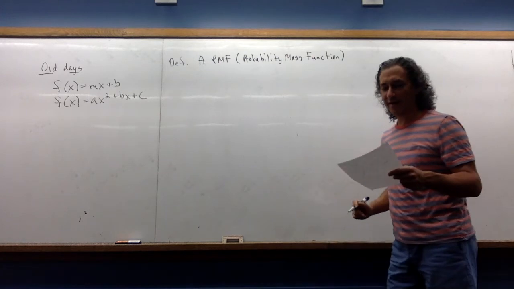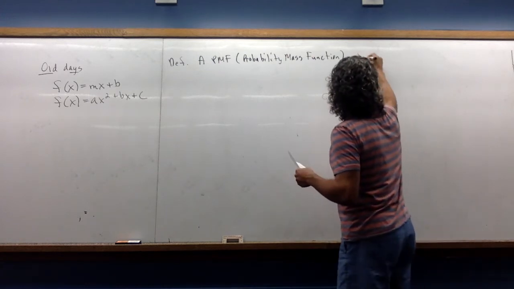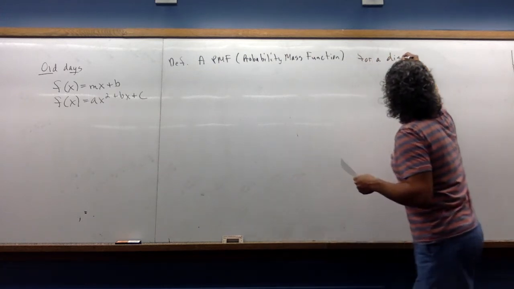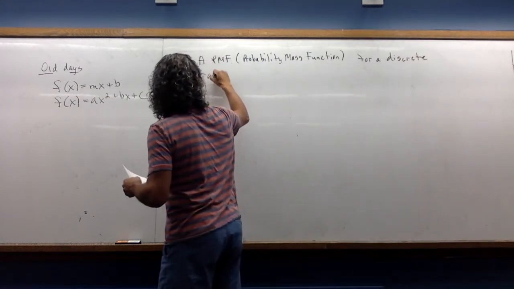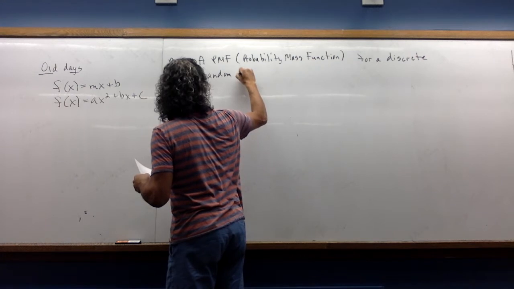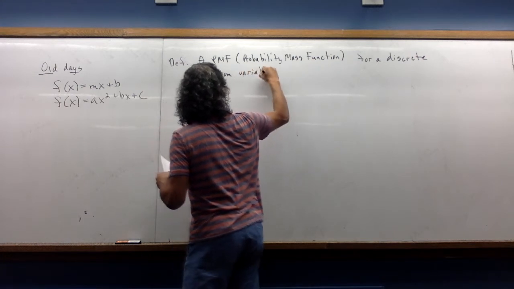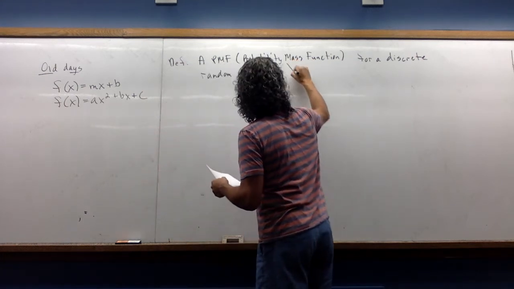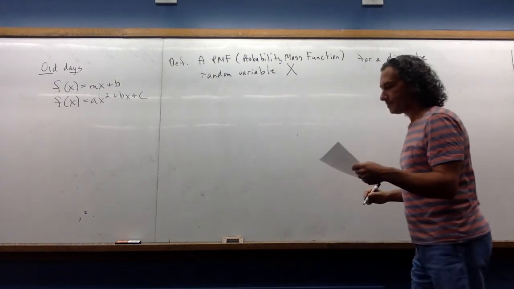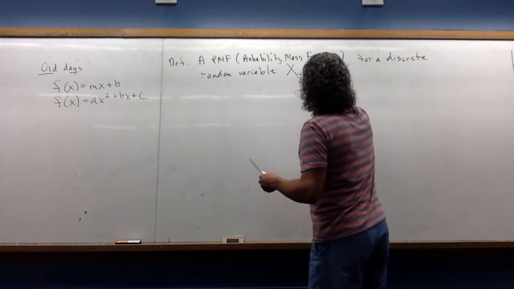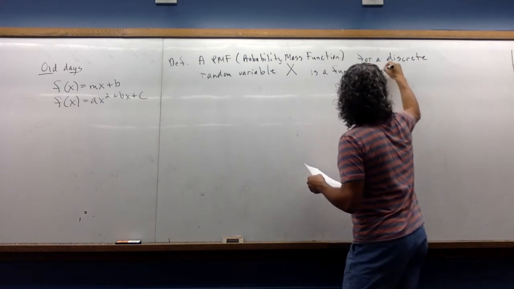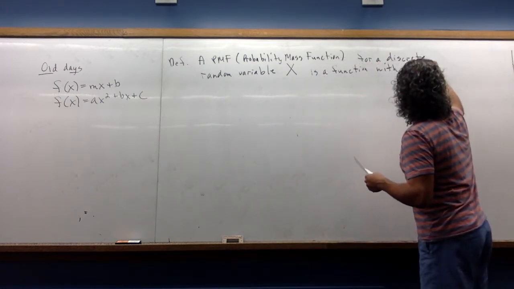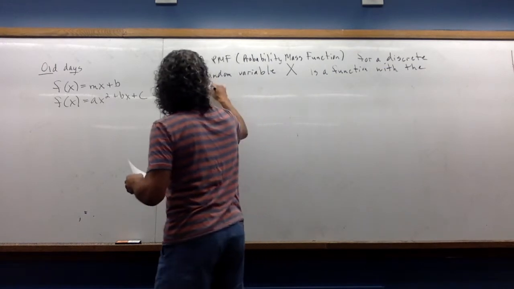I'm going to say PMF for a discrete random variable capital X, we'll talk about that in a second, is a function with the following properties.